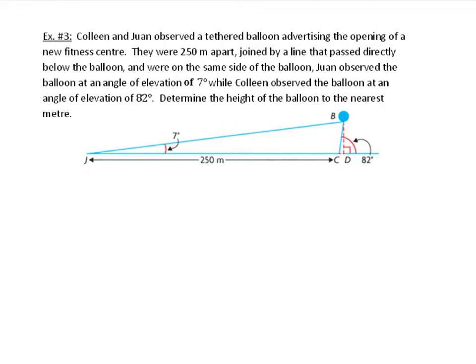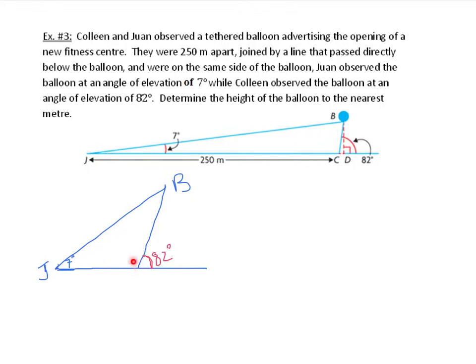So basically we have two triangles that we're working with. We're working with Juan's triangle, right here, JBC, and we're working with Colleen's little triangle here, BCD. Okay, so let's draw out Juan's triangle, JBC. So there's the triangle. We know this angle down here is this little angle 7.